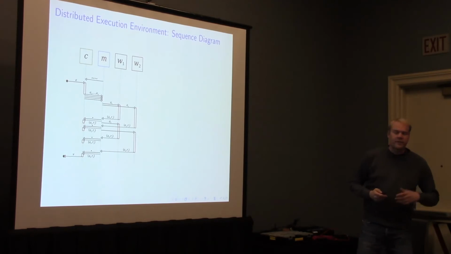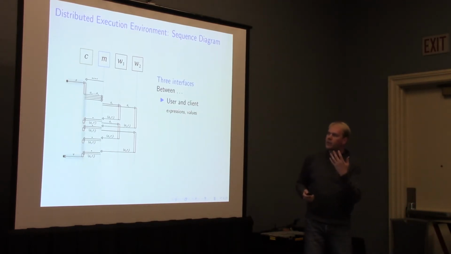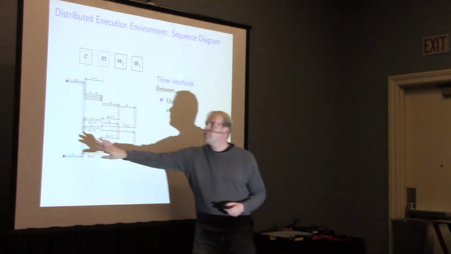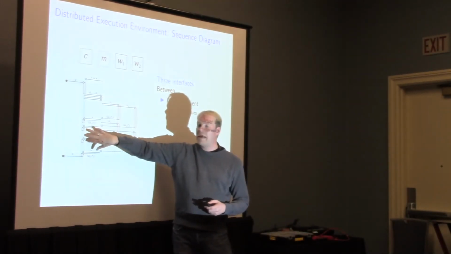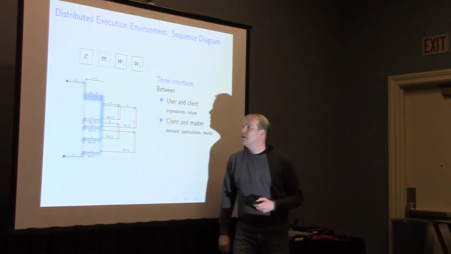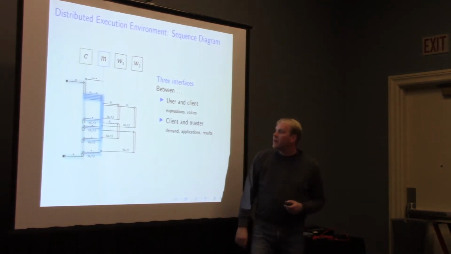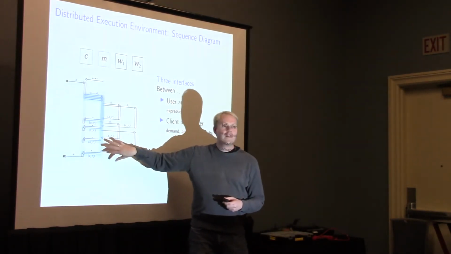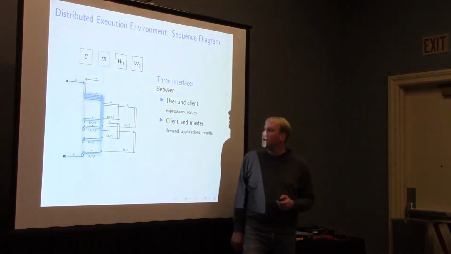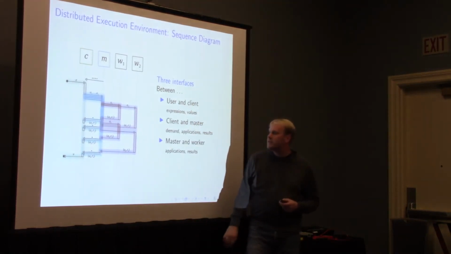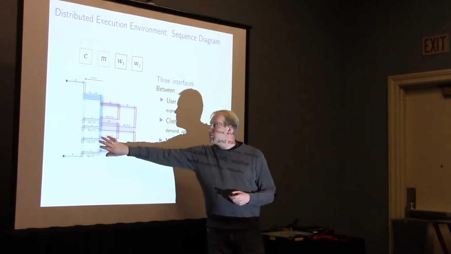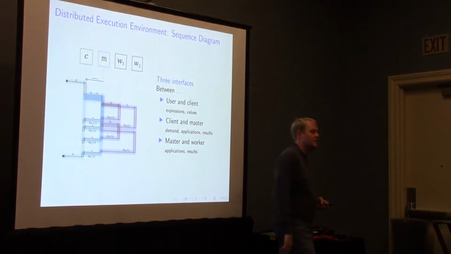And this is actually straightforward, right? We have three interfaces. The first is the interface between the user and the language client, the interpreter. The second one is the interface between the client and the scheduler, the master. And the third is the interface between the scheduler and the workers.